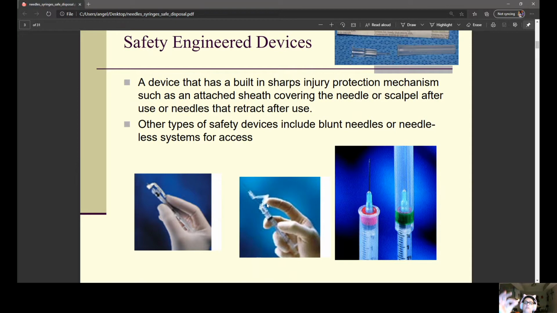Once it's up and secure, then you can click it into place and switch out the needle if need be. I would like you to always be in that habit. I never, never, never want to see you two-handed recap, even if the needle's clean.